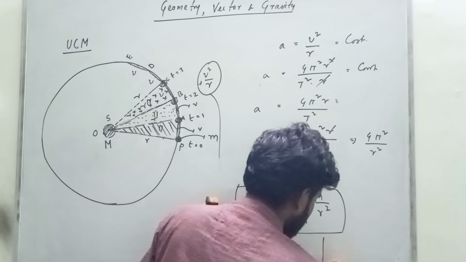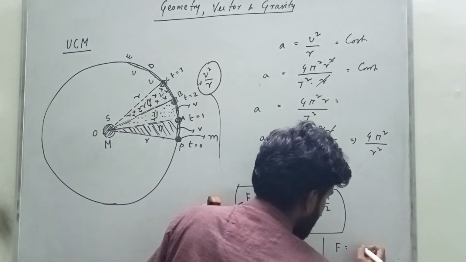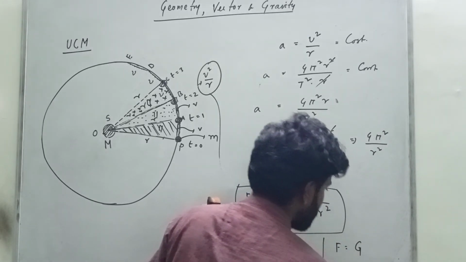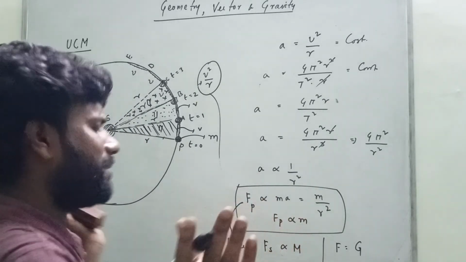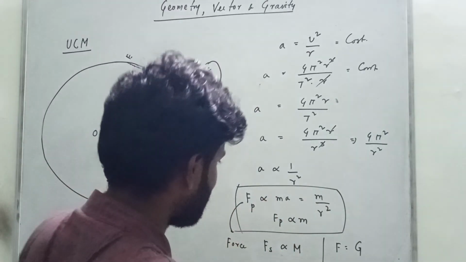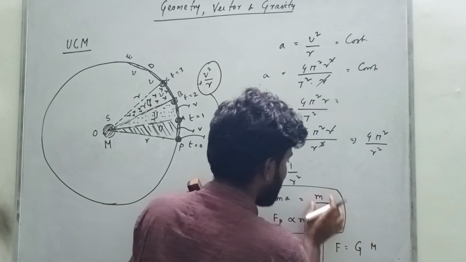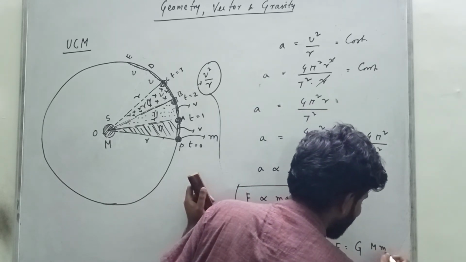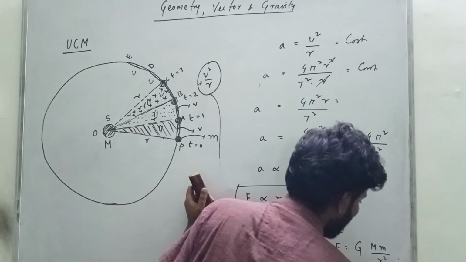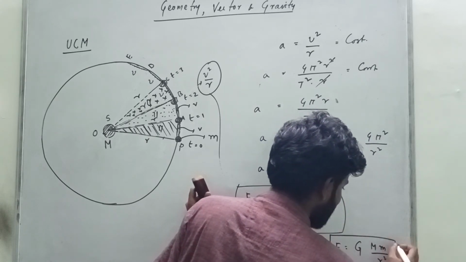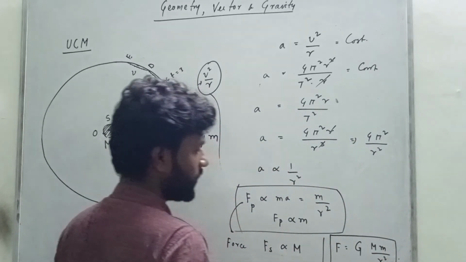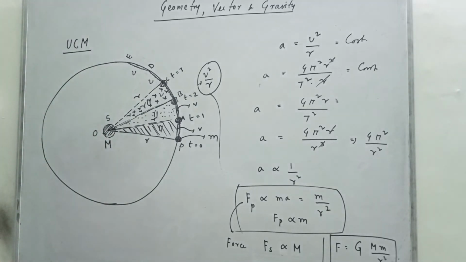So the force is some constant G, just name it G, times M m by r square. It is the law of gravitation given by Newton.